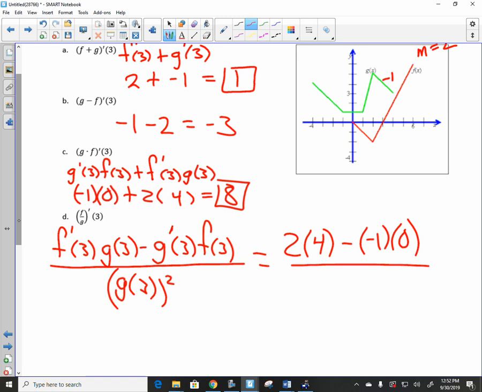Divided by g of 3 we've determined is... so we get 8 over 64, so 1/8.